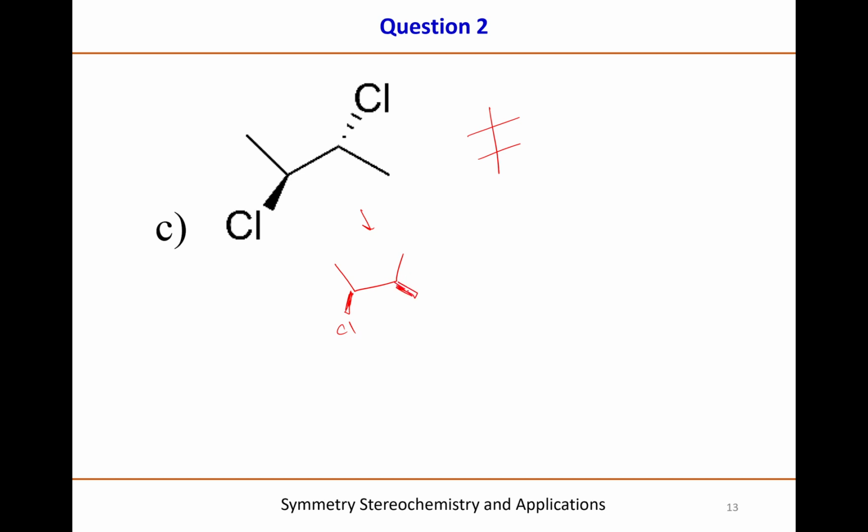After rotation it will become Cl. This is the actual molecule. You can see that a plane of symmetry is there because the C-C bond rotation is possible. The C-C bond is rotating here. So this is the plane of symmetry present here, and the compound becomes meso because both the Cl groups are on the same side: CH3, CH3, Cl, Cl, H, H. So that's why this molecule is again achiral.